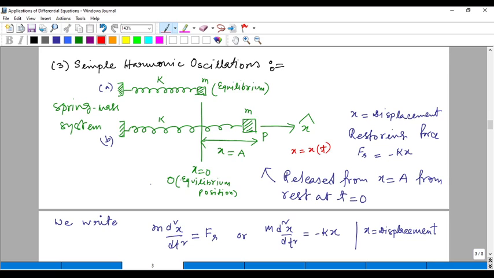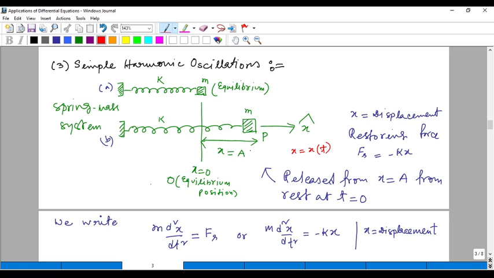Now if this spring is stretched, in this figure b you see it stretched up to some point p, that is, the mass is pulled aside up to this point p from that equilibrium position o, which is at x equal to 0, and the distance of that point p from the equilibrium position or the origin is x equal to a.